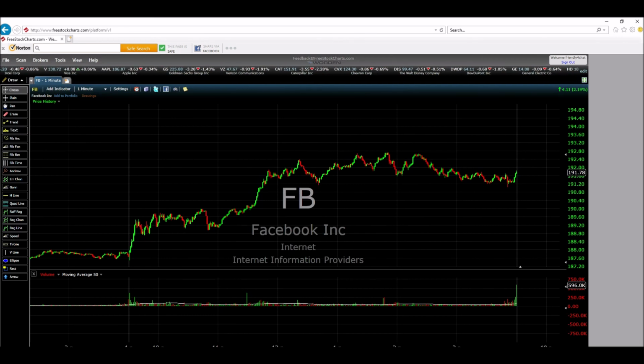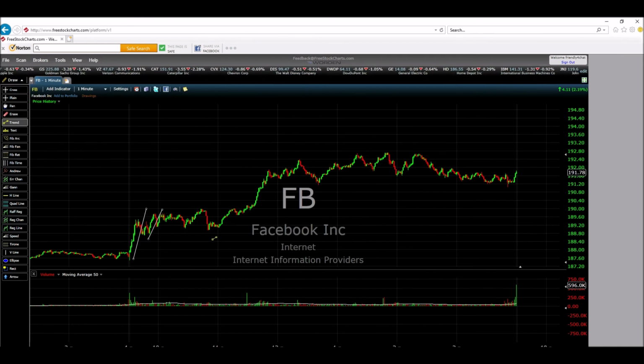For example, you can see here there is a trend here, 1 2 3 4 5 6, about 6 minutes, and the trend stops going up and it goes down. There is another trend here, 5 or 6 minutes.